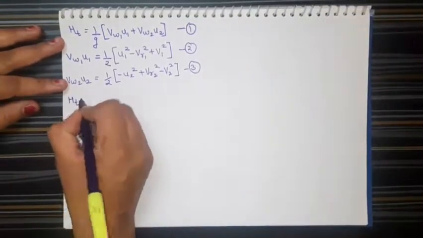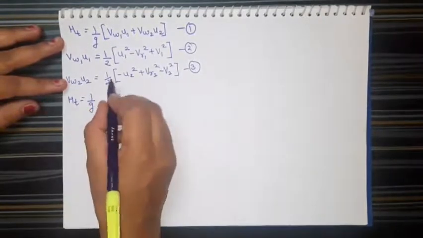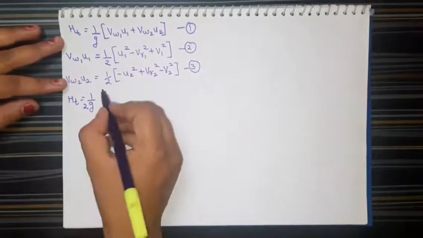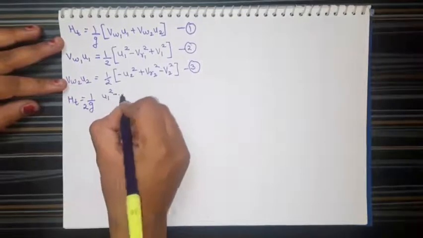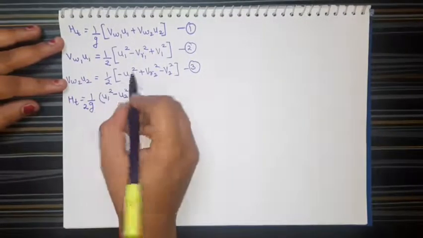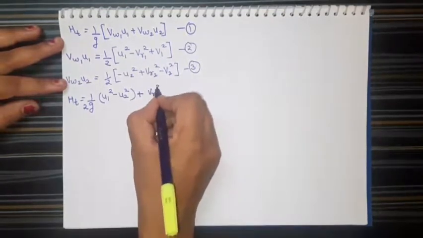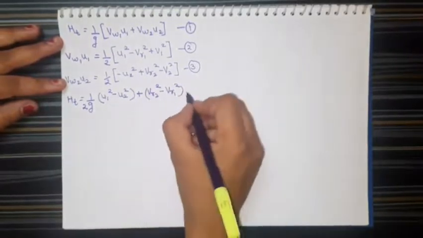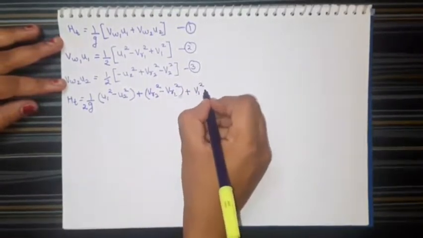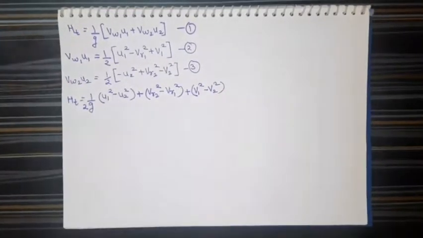So HT will be equal to 1 by g, and again let's take this 2 out of the bracket and we will get U1 square minus U2 square, this one term, then plus VR2 square minus VR1 square, second term, and third one V1 square minus V2 square. So these are the 3 terms which we will observe in the total energy.